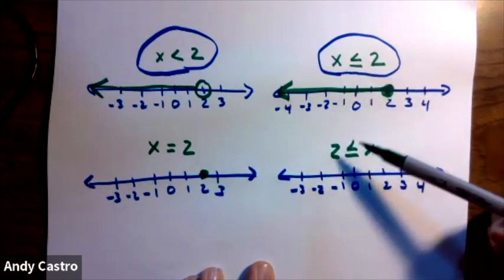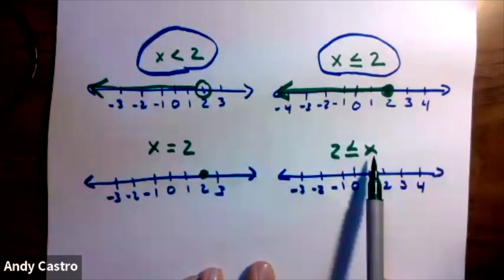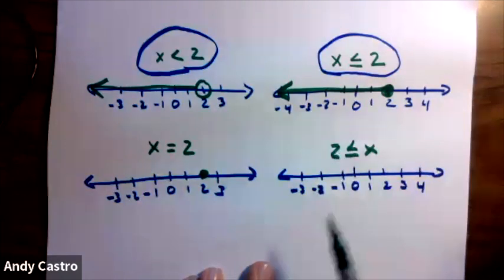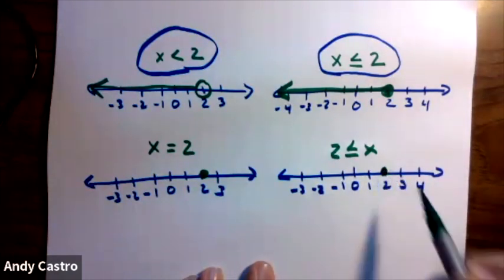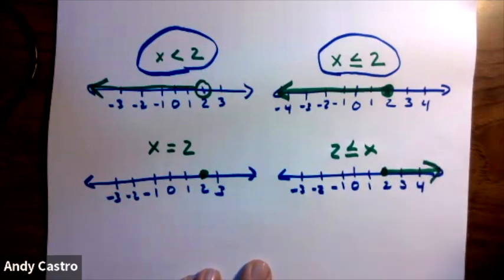It's the exact same. But I'm saying something completely different here. I'm saying 2 is less than or equal to x. So what is x? X is actually greater than or equal to 2. So it can be 2, but x is greater than in this case. So it's going to open up to the right.